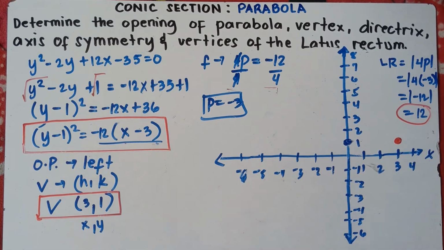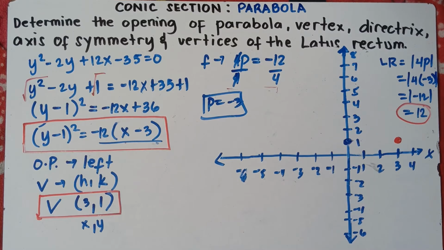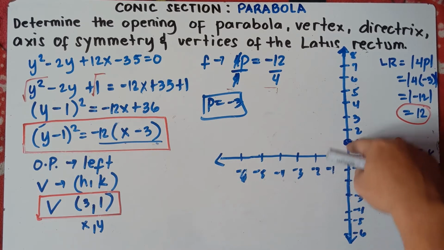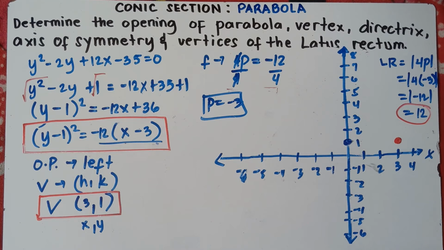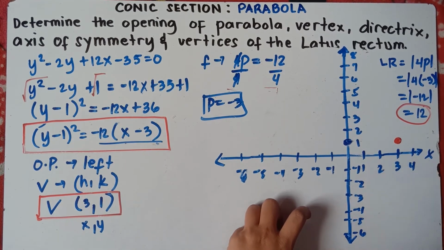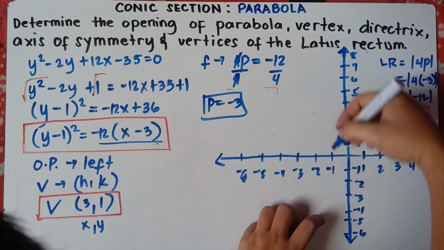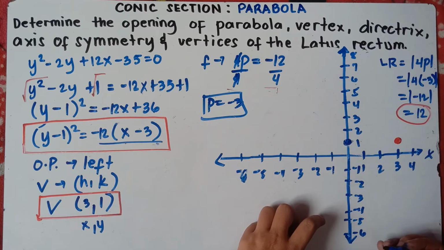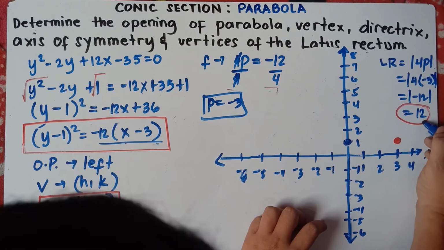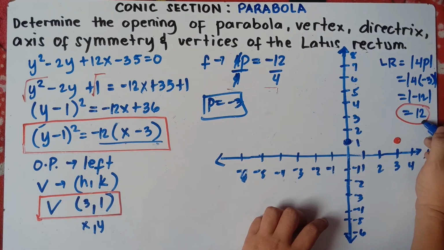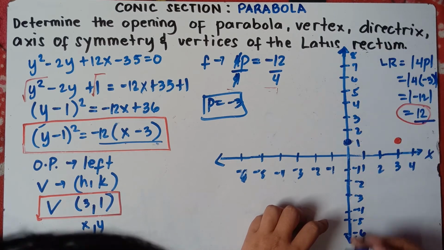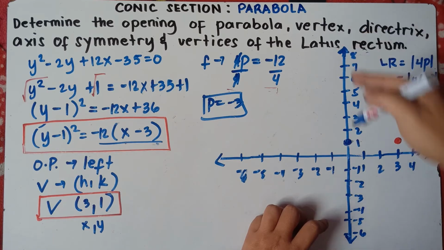Since this is 12, you move 6 units starting from the focus upward and 6 units downward. Why is it 6 units? Because this is 12, class. It should be symmetrical. This is 12 for the length, therefore 6 units upward, 6 units downward.